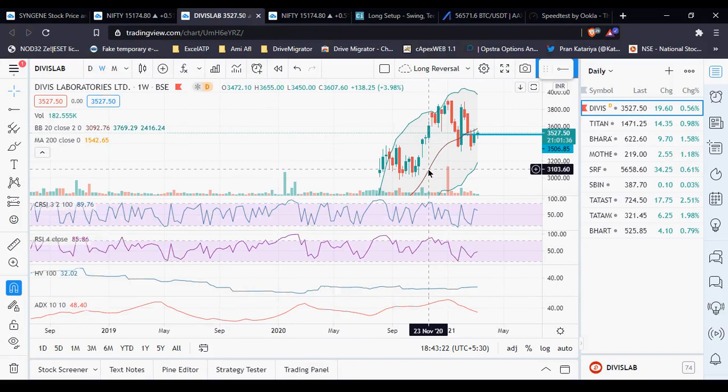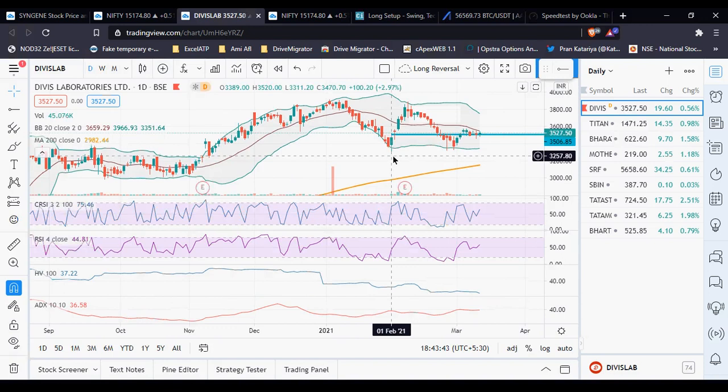So that was on the 29th of January. As the price is above the middle Bollinger Band, we can go ahead and initiate the buy setup.